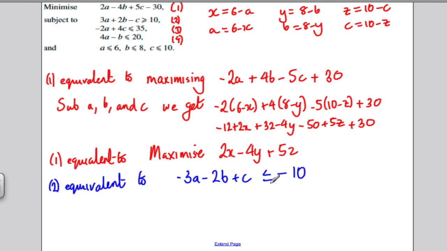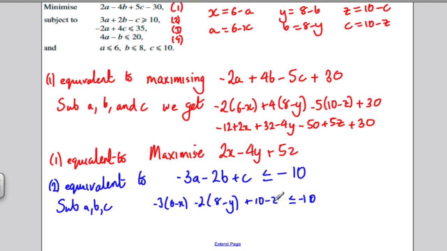So 2 is equivalent to this, and now substituting in a, b and c, we would get minus 3, a is 6 minus x, minus 2, and b is 8 minus y, and c is 10 minus z, is less than or equal to minus 10. Okay, we'll tidy it up. We get minus 18 plus 3x, minus 16 plus 2y, plus 10 minus z is less than or equal to minus 10.